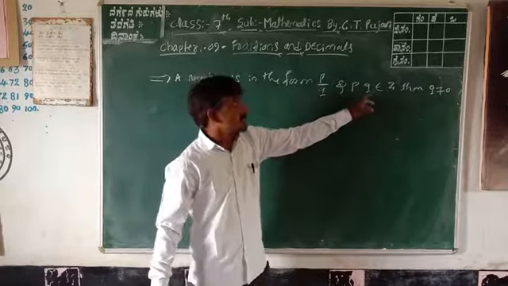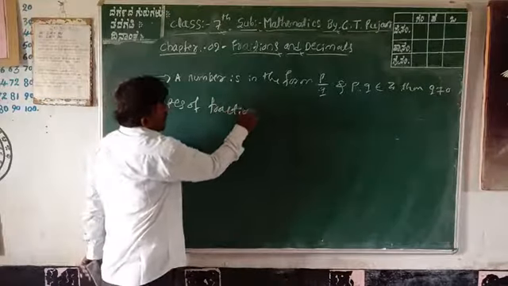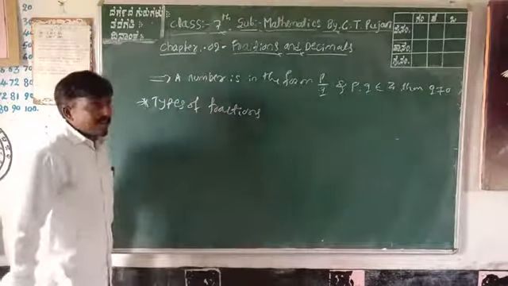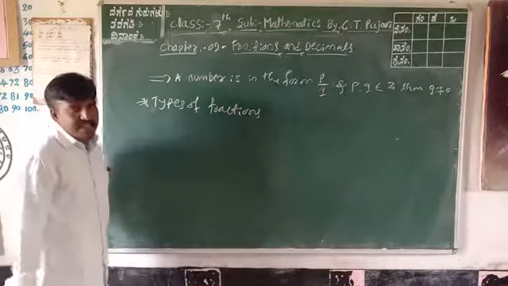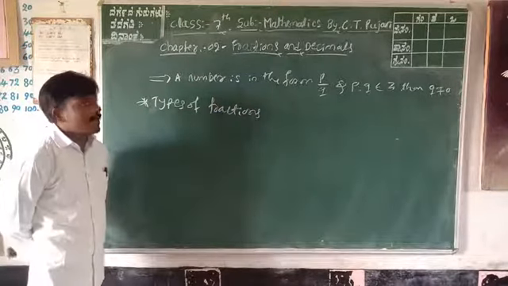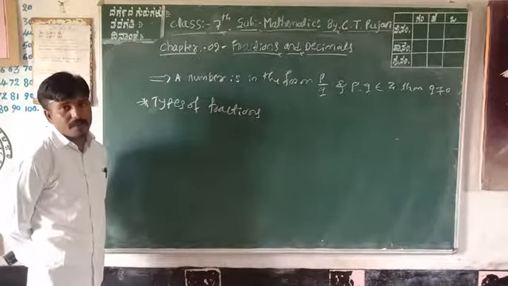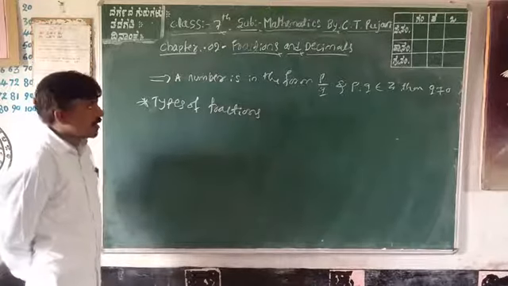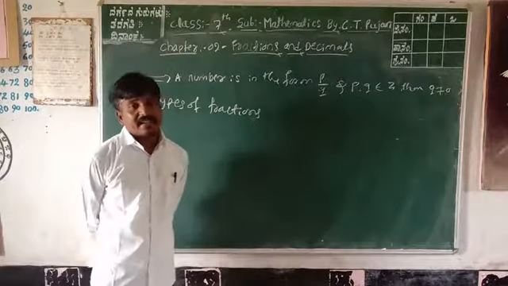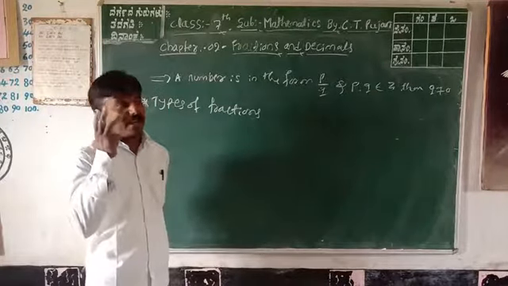Okay, the next one is what? Types of fractions are here. You need to know how to read the fractions. Listen here. For example, like fractions, unlike fractions, proper fractions, improper fractions, and mixed fractions are also here. Basically there are 3 main standard forms here.